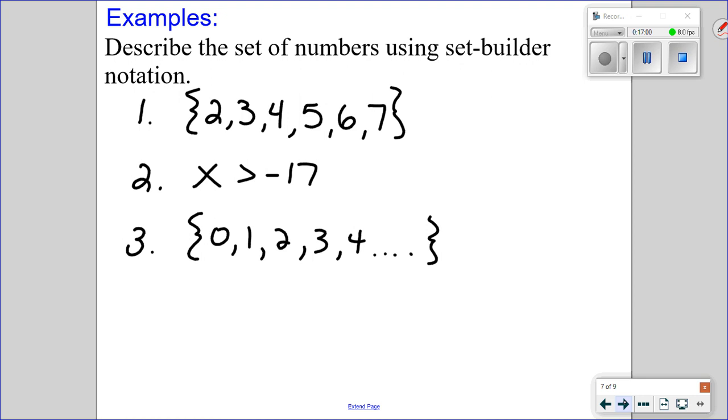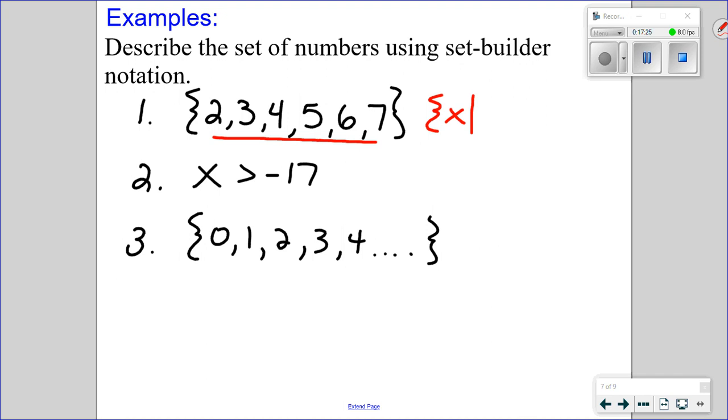So let's look at some examples. So here we want to describe the set of numbers using set builder notation. So honestly, you just repeat that same setup. So you always start with the set of all x such that, and then if you're not given an inequality like we were in number 2, you just want to take these numbers and write them as an inequality.